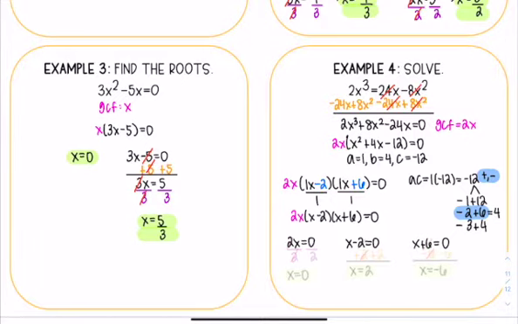Let's look at 2x equals 0 first. The only thing we have to do is divide by 2. And we get that x equals 0 is one of our solutions. For x minus 2 equals 0, we're just going to add 2 to both sides.